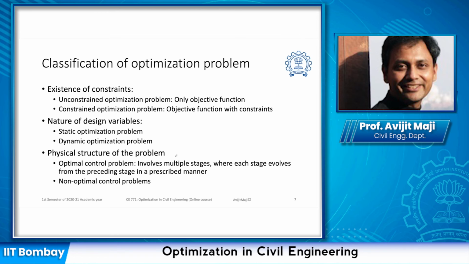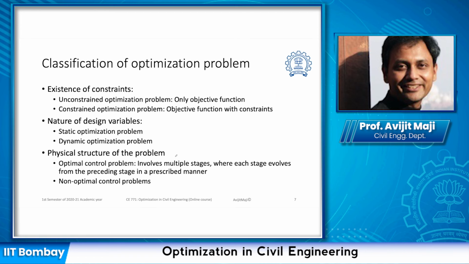In this type of problem, only the objective function exists. There won't be any constraint. Whereas a constrained optimization problem will definitely contain either an inequality type of constraint or an equality type of constraint.